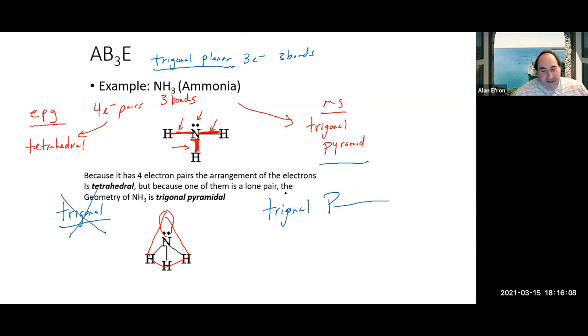So make sure that you do choose it. Again, there is a difference between those two in terms of what they mean. Again, trigonal planar being 3 electron pairs, 3 bonds, and trigonal pyramid being 4 electron pairs and 3 bonds. Any questions on that difference there?